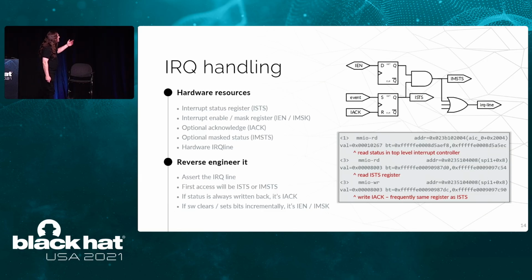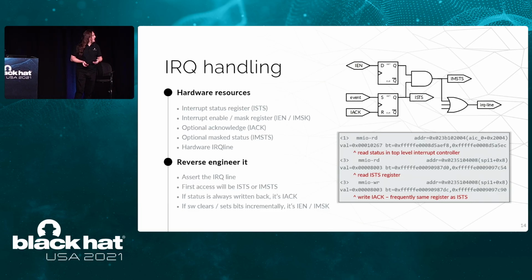And this controller contains 2 memory elements, a mask and a status bit. And of course, the event that comes in from the left will set the status bit, and an acknowledge will clear it. Then the events get masked, and you have the mask status, which is sometimes available, and then you have the common IRQ line that actually interrupts the CPU that goes to the main interrupt controller.